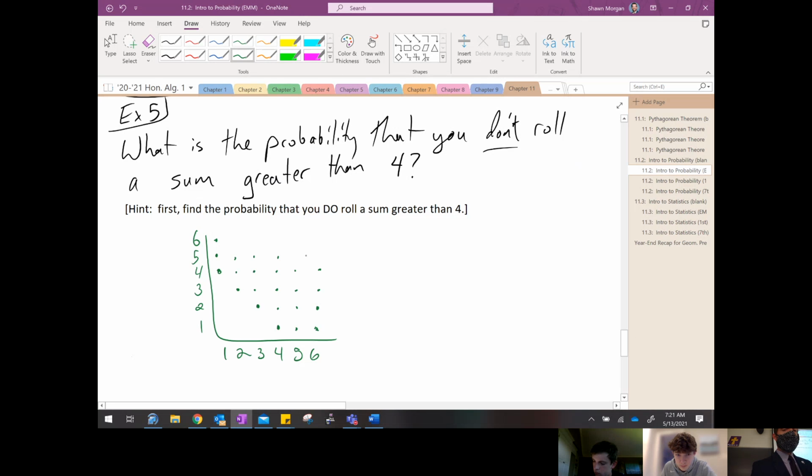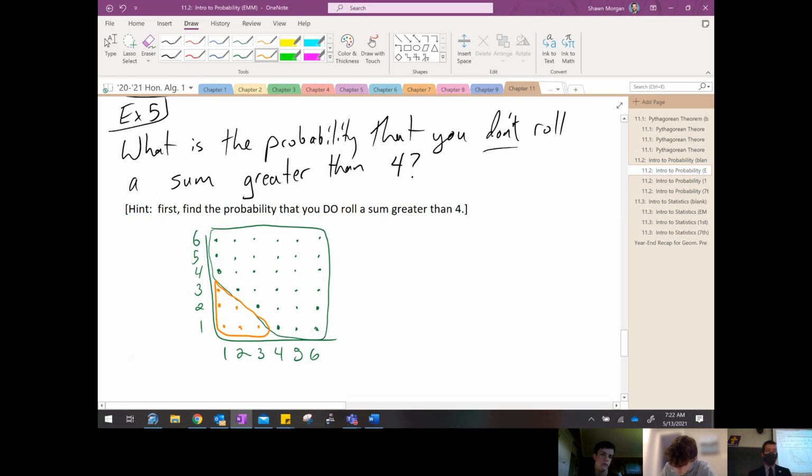Any of these dots would be a sum greater than 4, right? And so I could go about counting. If it says, what's the probability that you do not roll a sum greater than 4, I could count all of these, figure out that probability, and subtract it from 1. Just the same, I could say, what's the probability that you don't roll a sum greater than 4? I've got 1 here, here, here, here, here, and here that I could also consider.